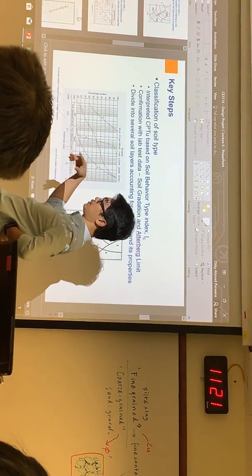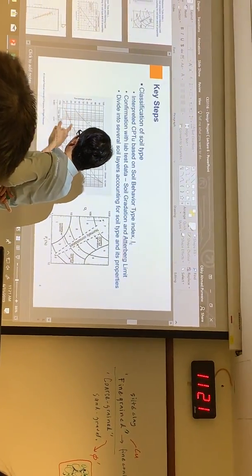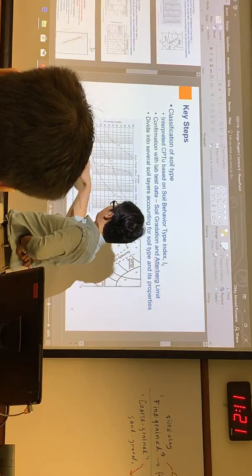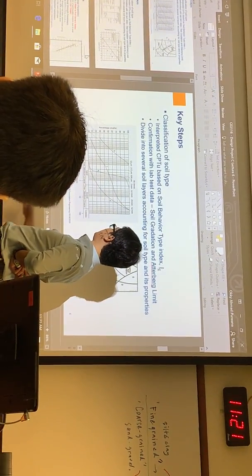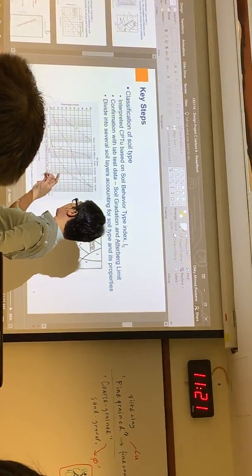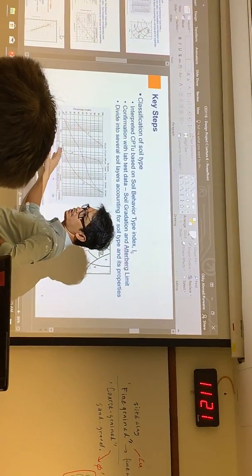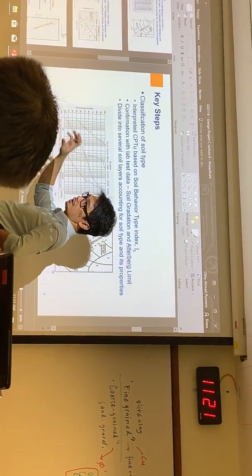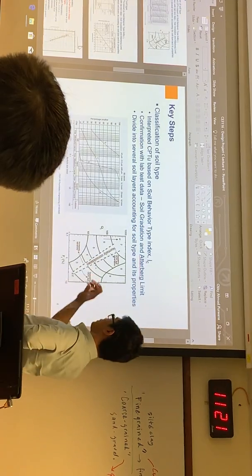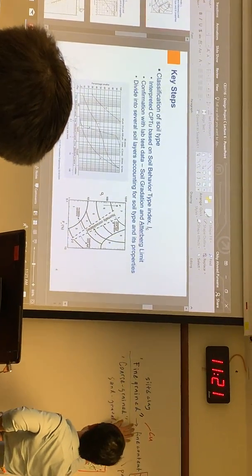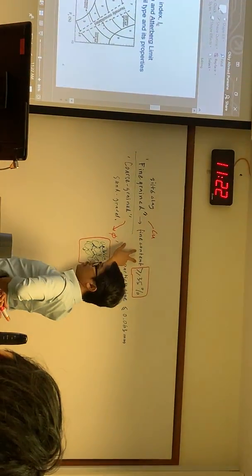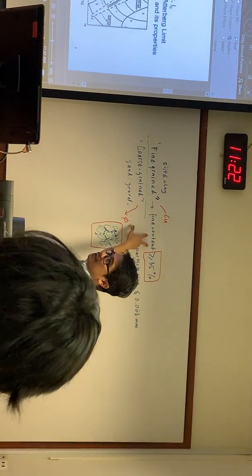We will go to the next step later on. So at least you know that for C, it will be sandy gravelly silt or sandy gravelly clay, right? Now the clay becomes the major component because the fine content is already 35%.